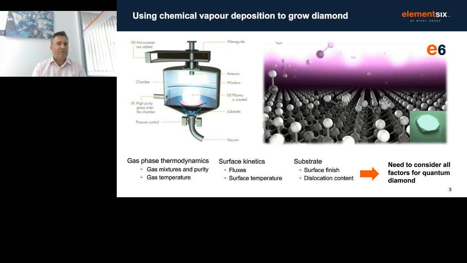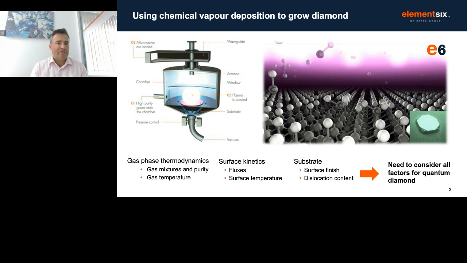By heating those gases up with that microwave energy to about 3,000 Kelvin, we end up producing a plasma, a super species of carbon and hydrogen species. The substrate, the thing you can just see in red below the bright plasma, is typically much cooler, around 1,000 Kelvin. So the carbon atoms precipitate out onto that substrate, both as sp2, graphitic phases, and also as sp3, diamond phases of carbon.